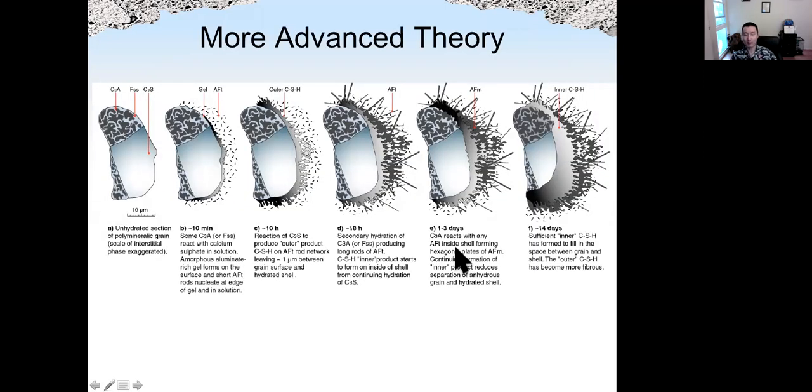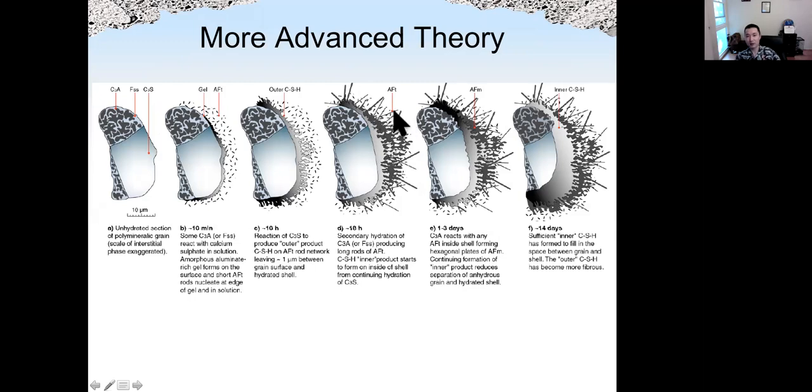So far we only talked about C3S, but remember in cement we not only have C3S, we also have C2S, C3A, and C4AF. So we have more different types of hydration product, including CSH, calcium hydroxide, and AFt, which is ettringite, with a needle-like shape.